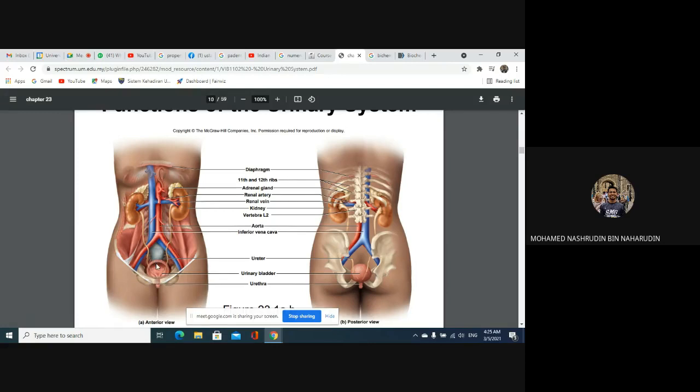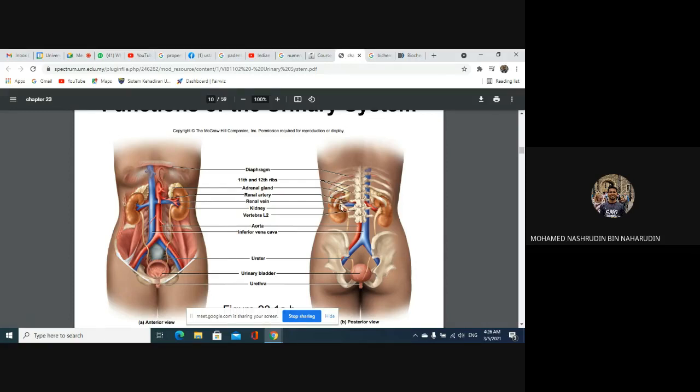This is the human diaphragm. The right kidney is just behind the 11th and 12th ribs.